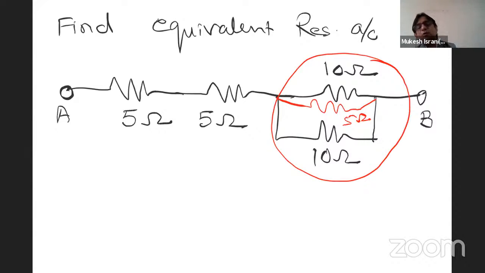So 10 ohm, 10 ohm, they are both equal, so the equivalent should be 5. 20 ohm, 20 ohm in parallel, the equivalent will be 10. So the equivalent resistance here will be 5. And you sum 5 ohm, 5 ohm, 5 ohm, the answer will be 15 ohm. Anybody who's not getting 15 ohm can tell me. Siddhi, the answer should be 15.